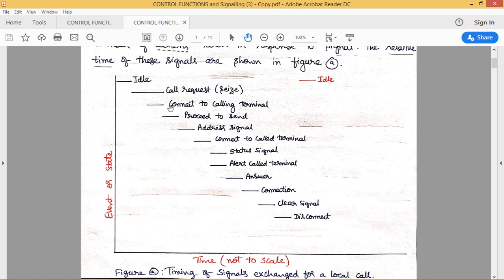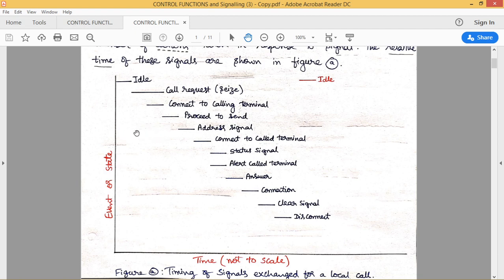After establishing the connection, the exchange sends a signal, the proceed to send signal. Once the calling person receives the proceed to send signal, he starts dialing the destination address, sending the address signal with the help of the dial pad.